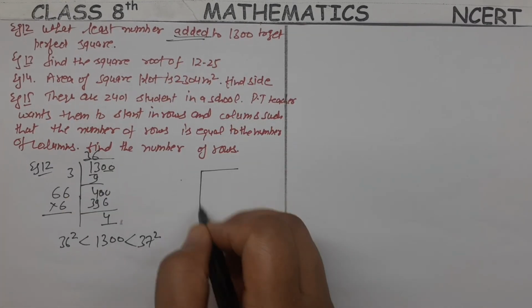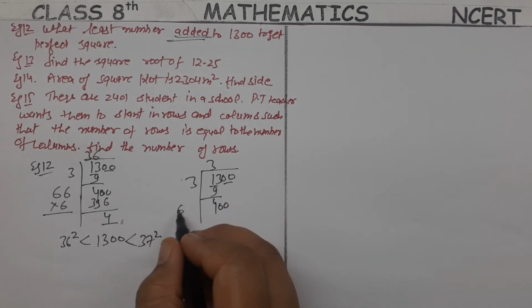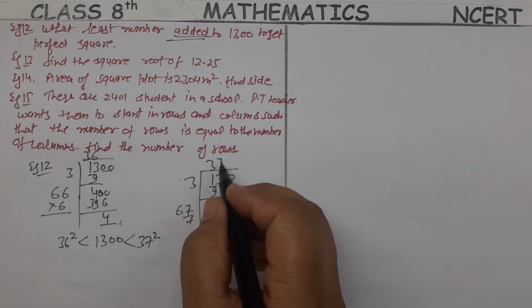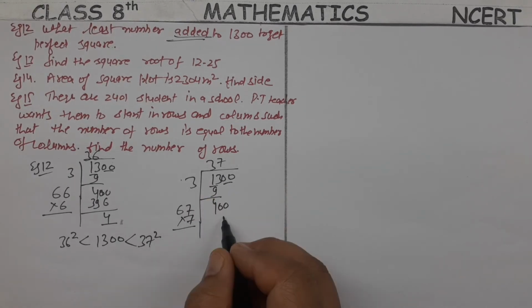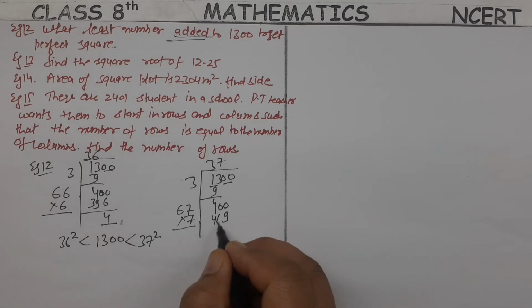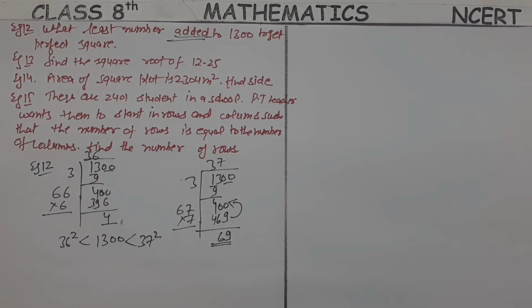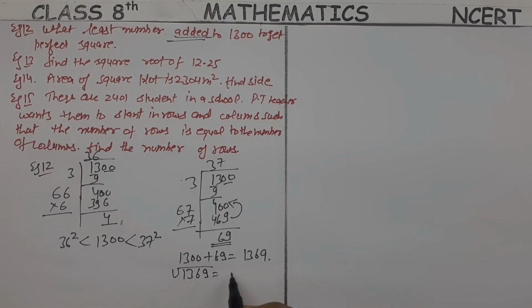So we do it again. Double of this is 6. Write 7. 7 multiplied by 7. 7 6s are 42. Now subtract. We have 69. So 69 should be added to 1300. That is 1369. And the square root of this number is 37. Answer.